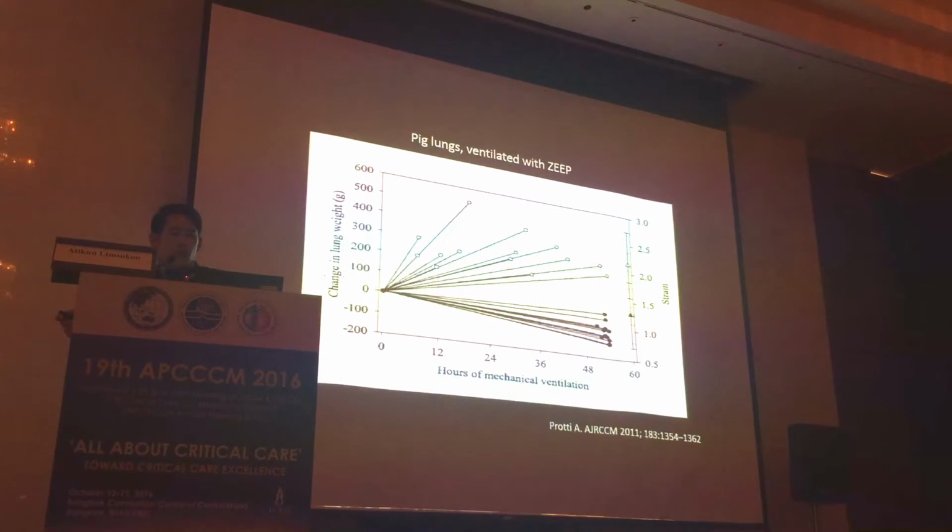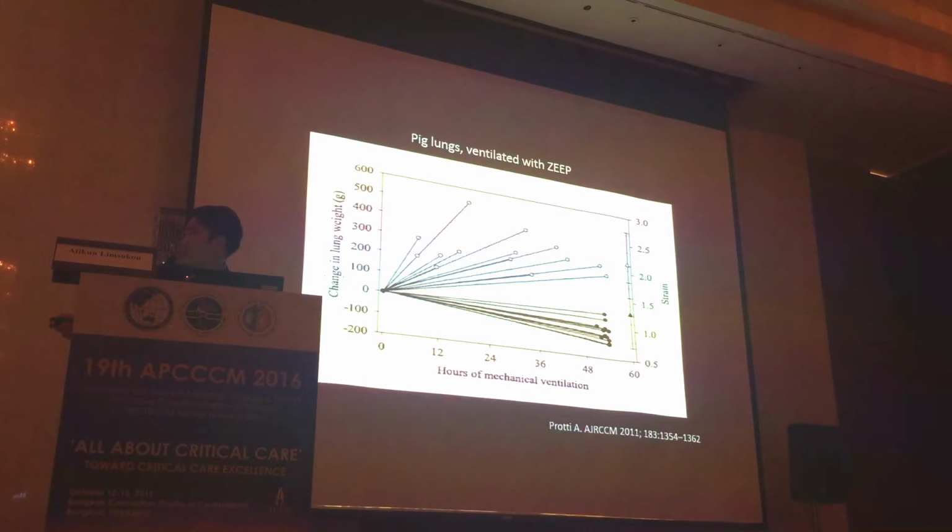Looking at one study in normal pig lungs, they ventilated 29 pigs with zero PEEP and a various level of strain, up to 2.5 strain. It's all dynamic strain, or global strain, because they haven't added any PEEP.